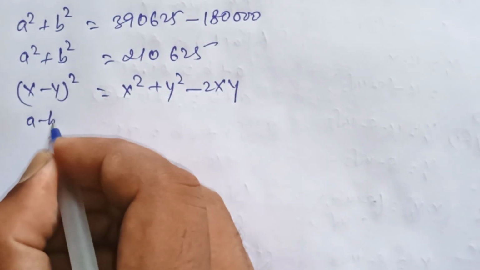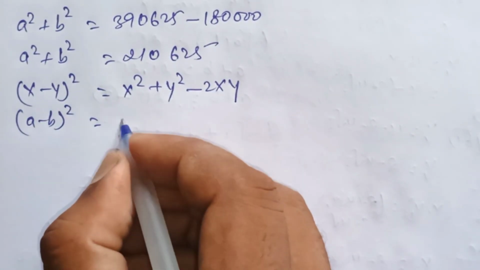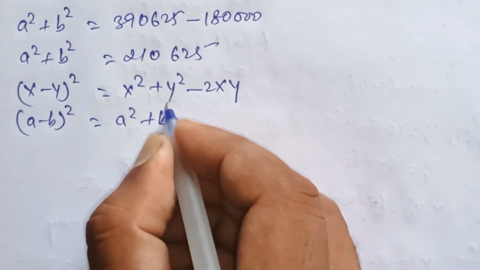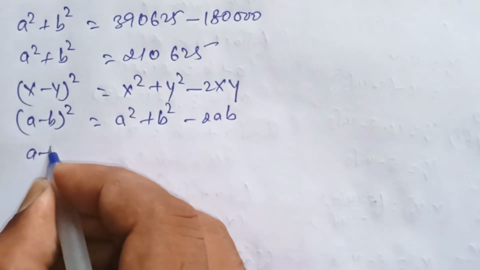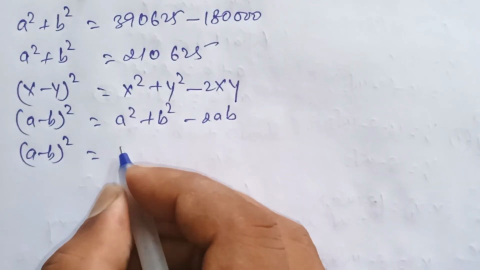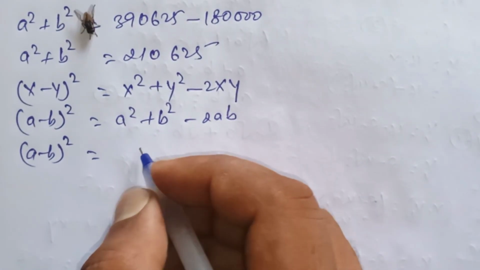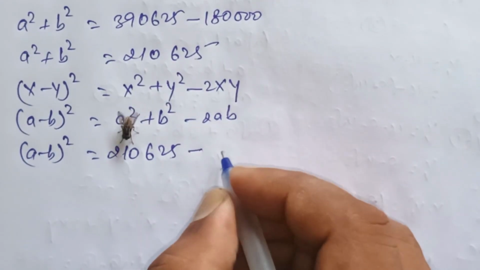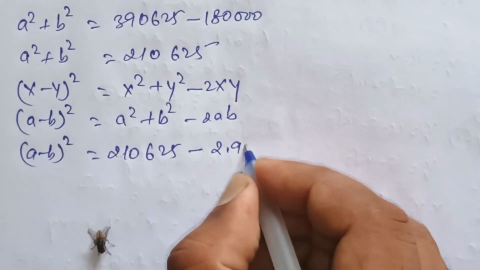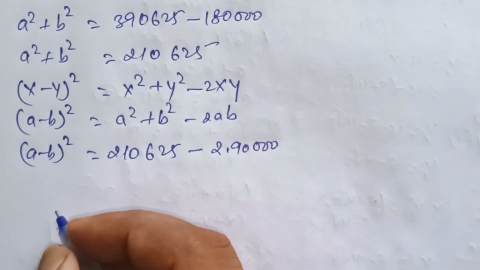The x minus y whole square formula is x square plus y square minus 2xy. So a minus b whole square is equal to a square plus b square minus 2ab. The value of a square plus b square is 210,625, minus 2 into ab value 90,000.